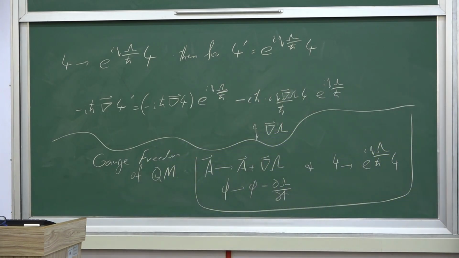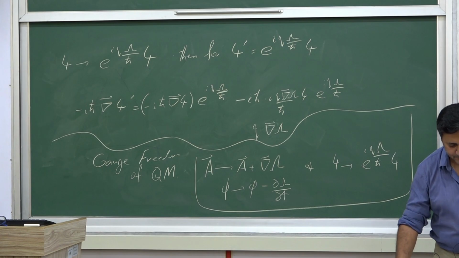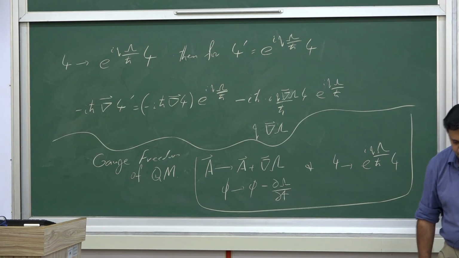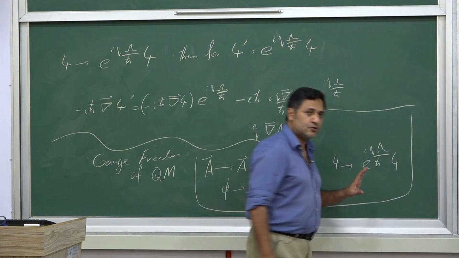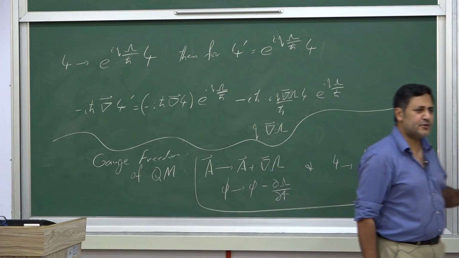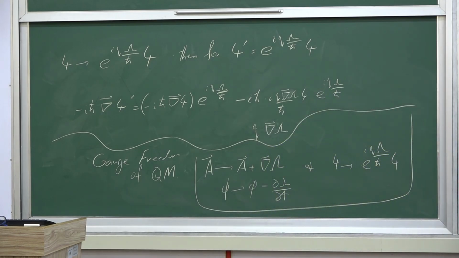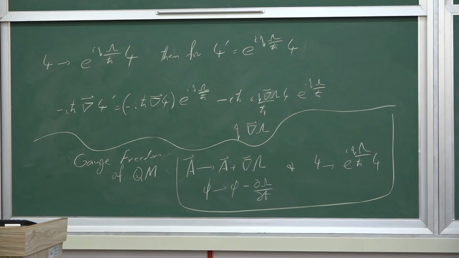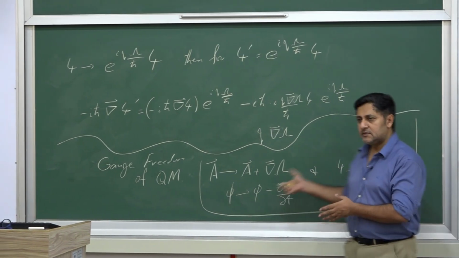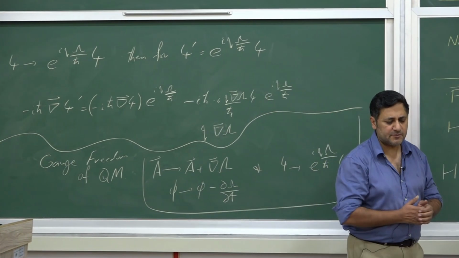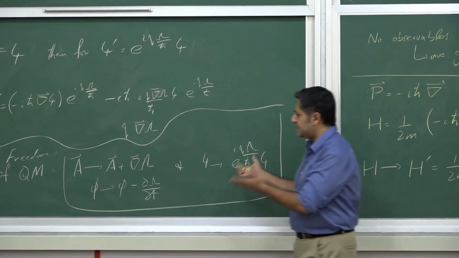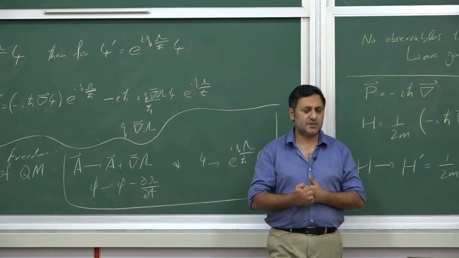With these gauge transformations, your theory will be gauge invariant. Your results will not depend on what gauge you choose. This is very important because we cannot do quantum mechanics without potentials, but with potentials, you are forced to introduce a gauge freedom. You have to keep in mind that the theory is invariant. It's not a symmetry in the usual sense. It's just that all of these are describing the same theory.